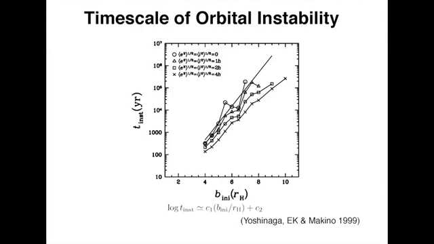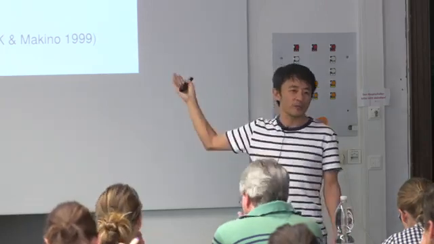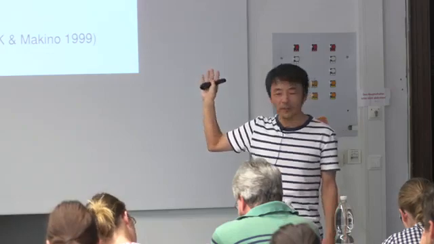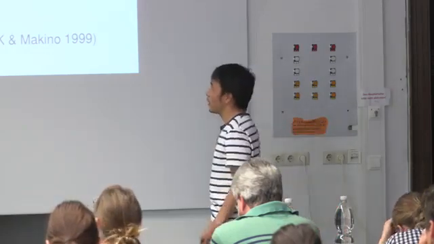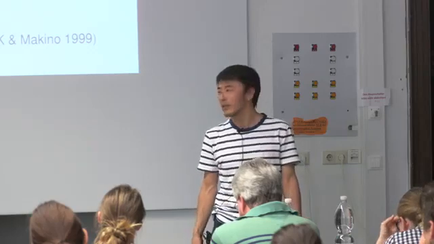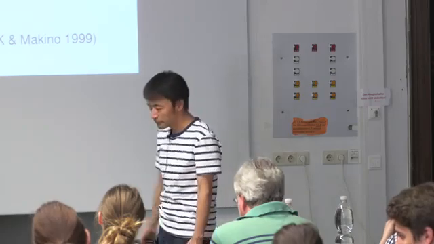So this is the semi-log dependence. Many people have been working to understand physically why we have this dependence, but no one has succeeded. So maybe if you are good at chaos or something like that, you can try to solve why we have this dependence for the instability time scale.